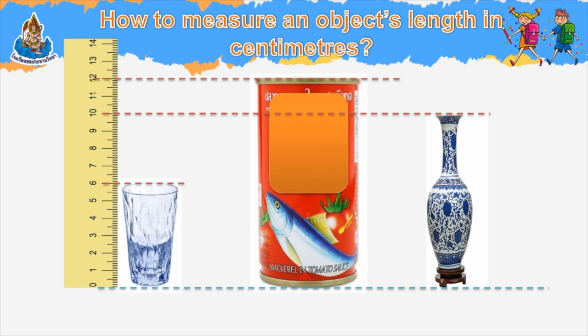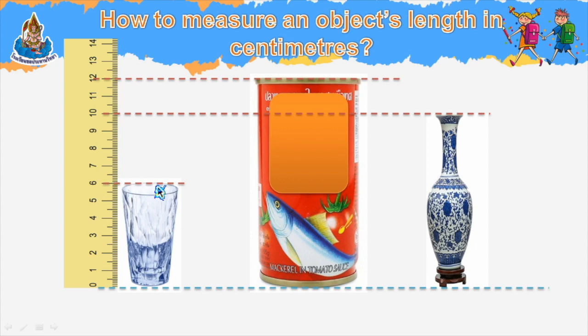How about this one? If we are going to measure it horizontally, let's have an example. What is this? It's a glass. Starting from 0 again to there, what's the measurement?